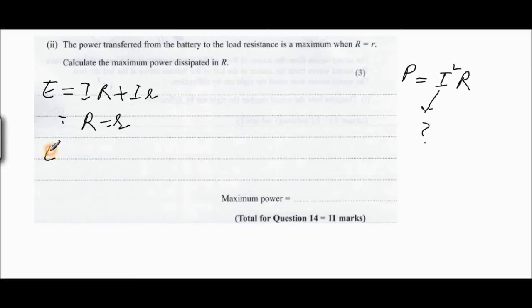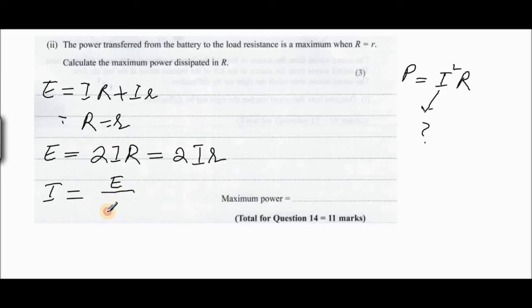if I plug these values into the above equation, I will have E equal to twice Ir, or you can even write 2Ir. From here we can easily find I, and I would be equal to E, the EMF, divided by twice the internal resistance.